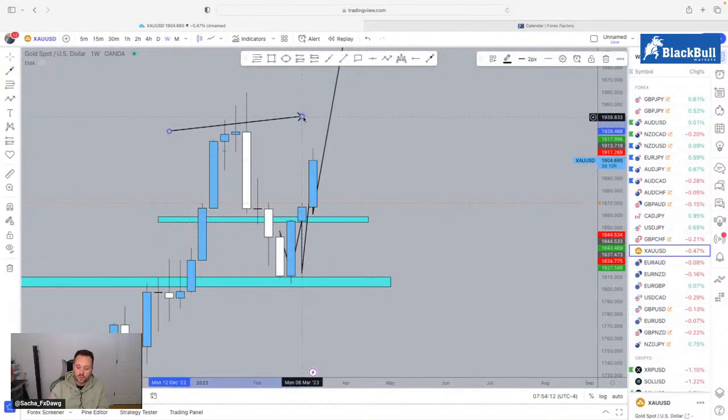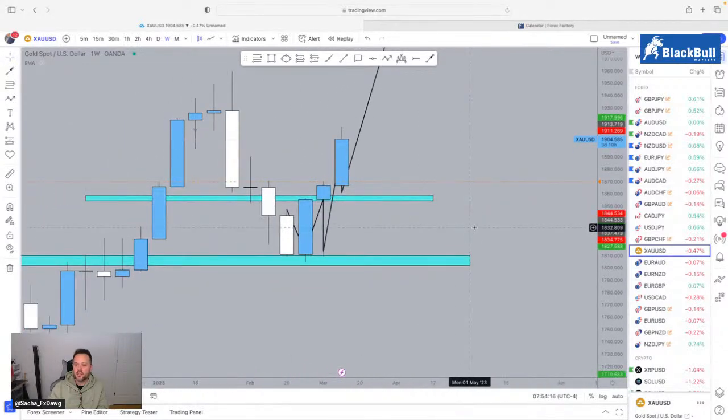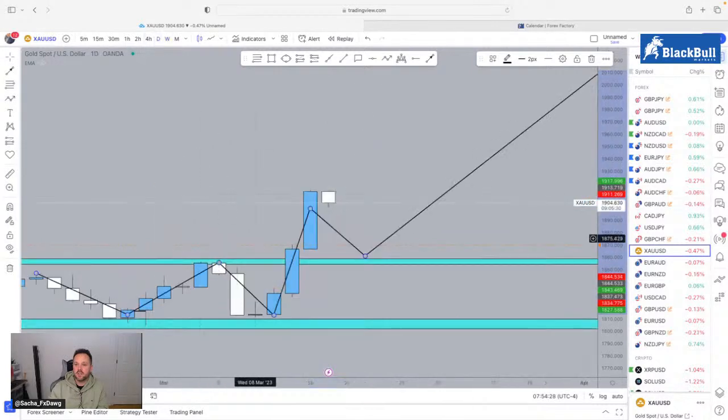Something happened, price shot up super quick. I was not able to take an entry, but this is playing out perfectly. Look at this, I drew this like 3-4 weeks ago.